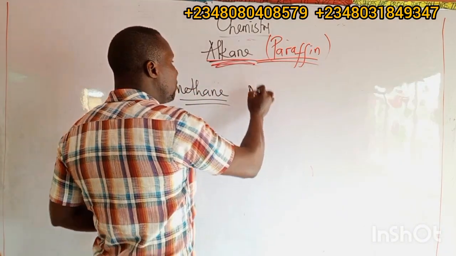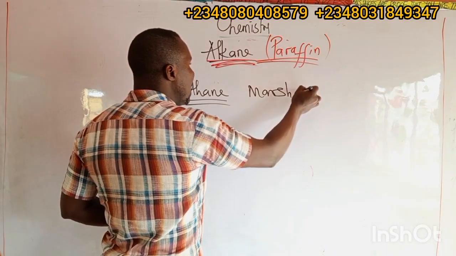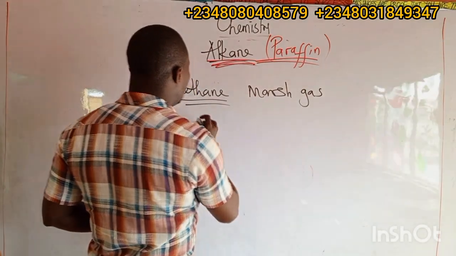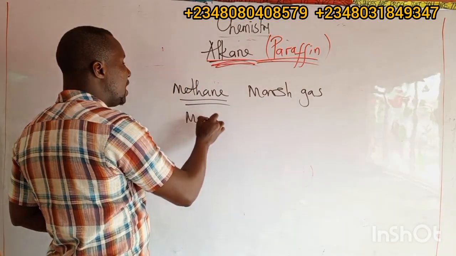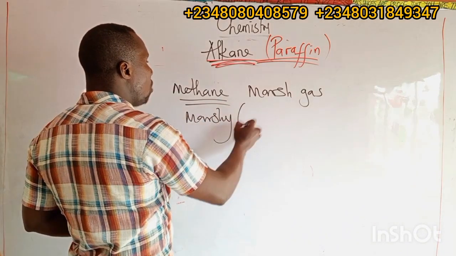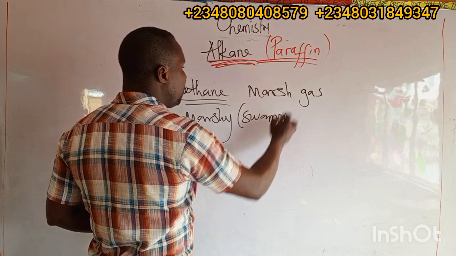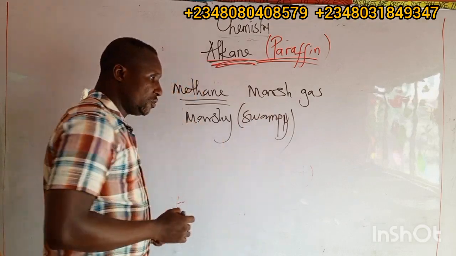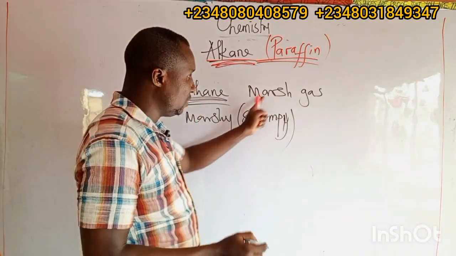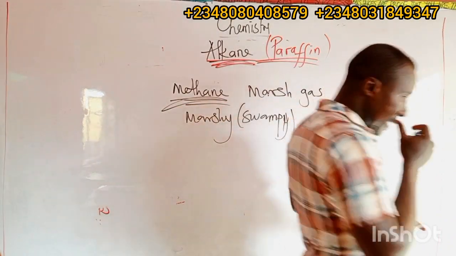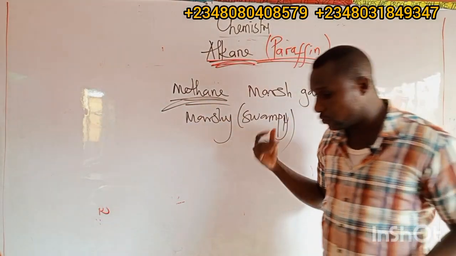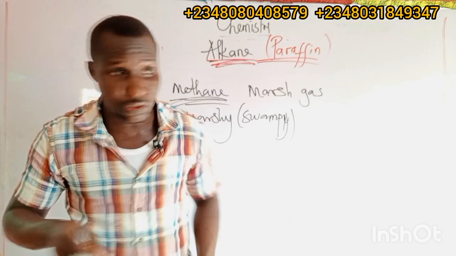Methane can also be called marsh gas. Why? Because it can be found in marshy or swampy areas. Methane is known as marsh gas. It can be found in marshy or swampy areas. Take note of that.